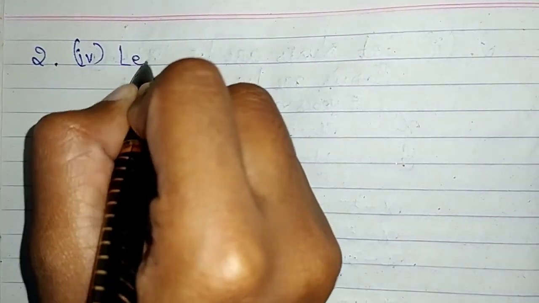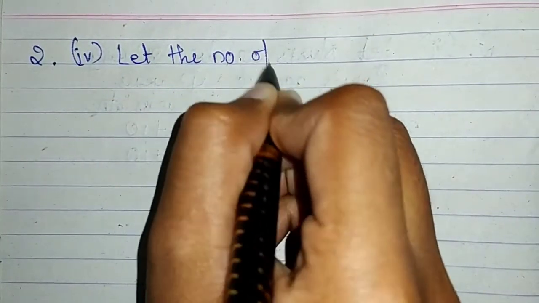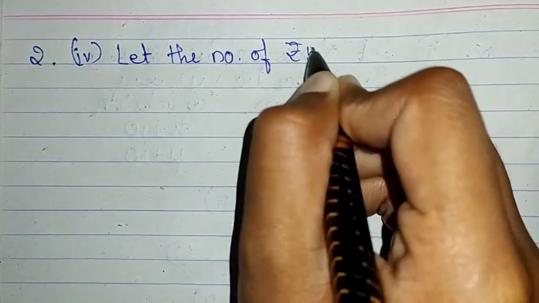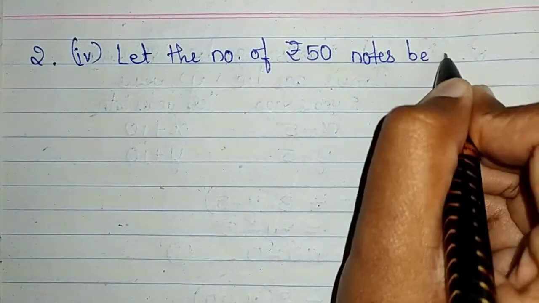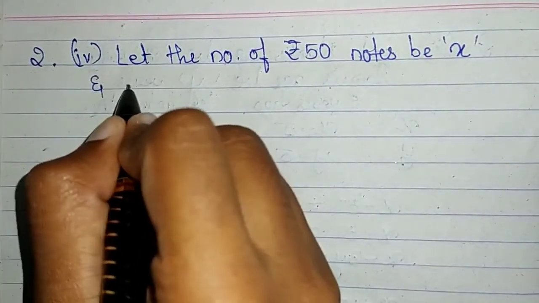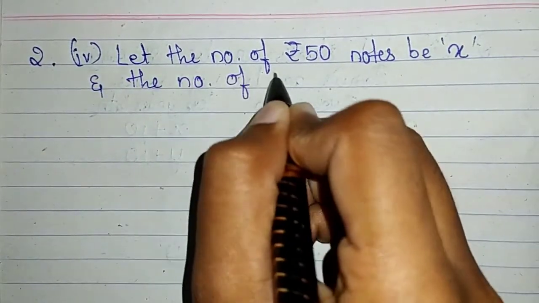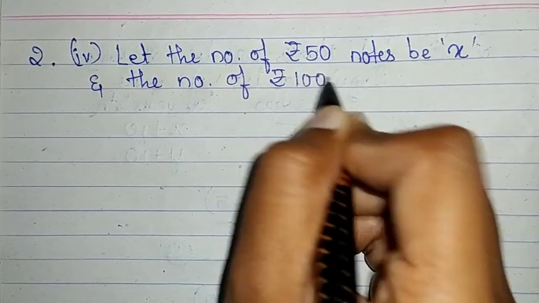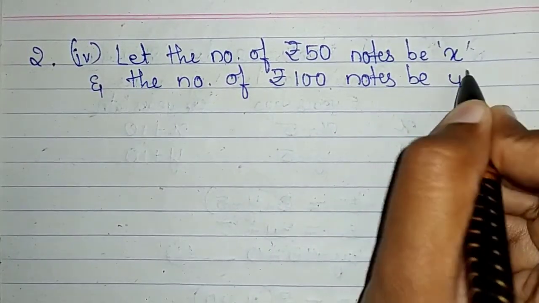So first, let the number of rupees 50 notes be x and the number of rupees 100 notes be y.